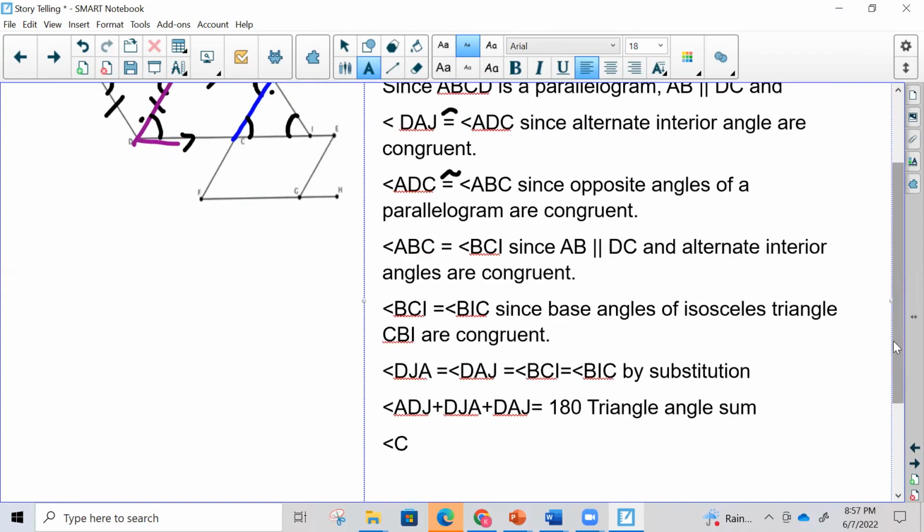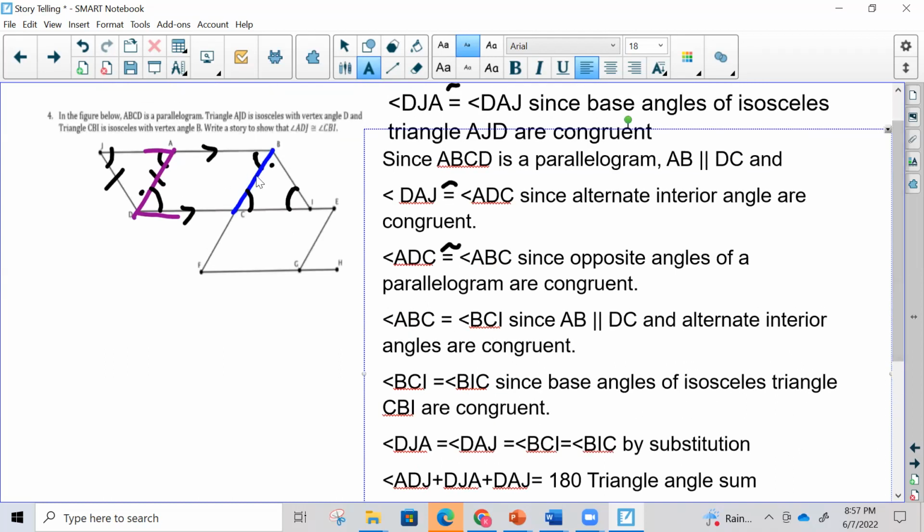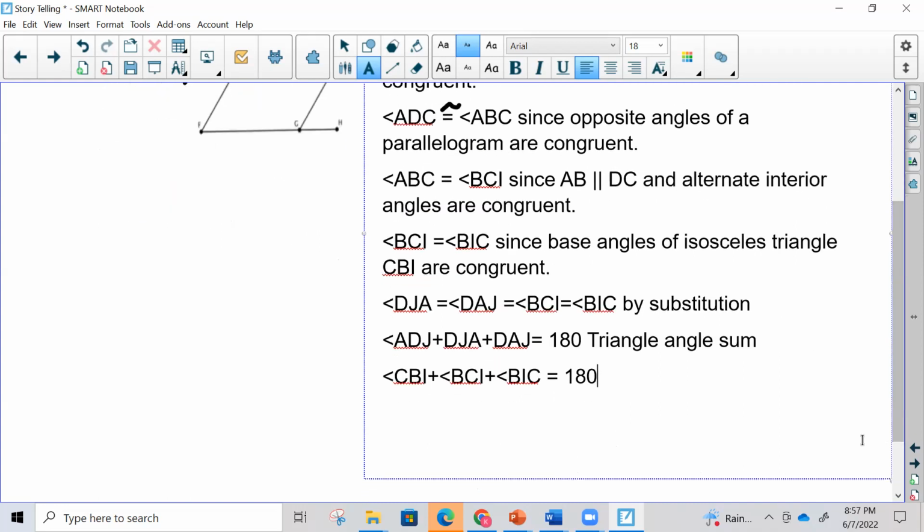So again, I'm just stating the three angles in each of these triangles equal to 180. I'm matching it up with the order that I had in the statement and the order that I put the angles throughout my proof.